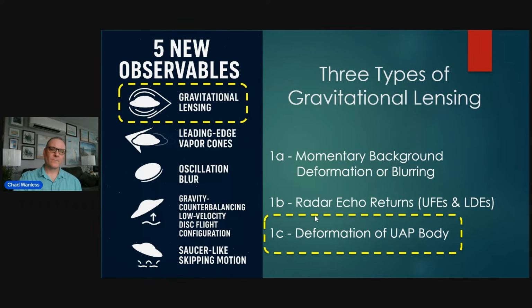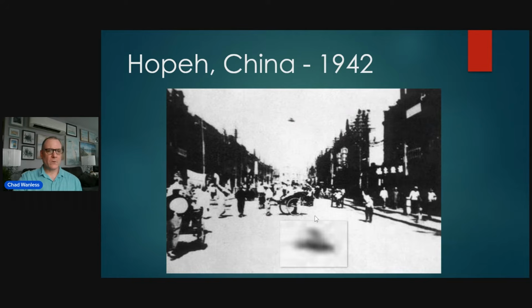All right, gravitational lensing number 3, deformation of UAP bodies. The earliest photo I could find showing deformation was Hopei, China, 1942, long before we even knew what UFOs were.